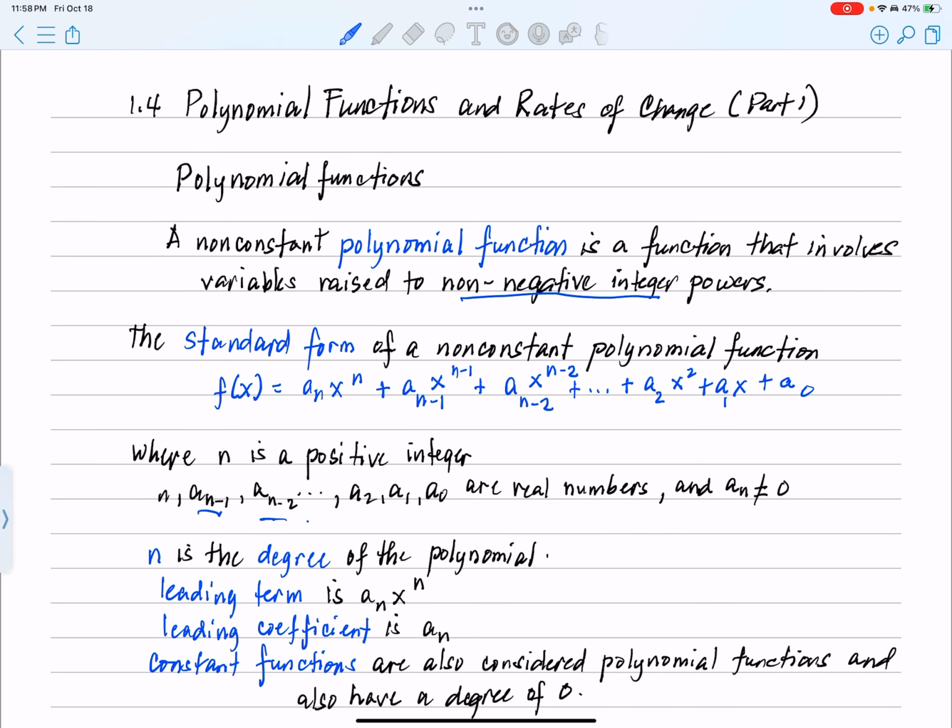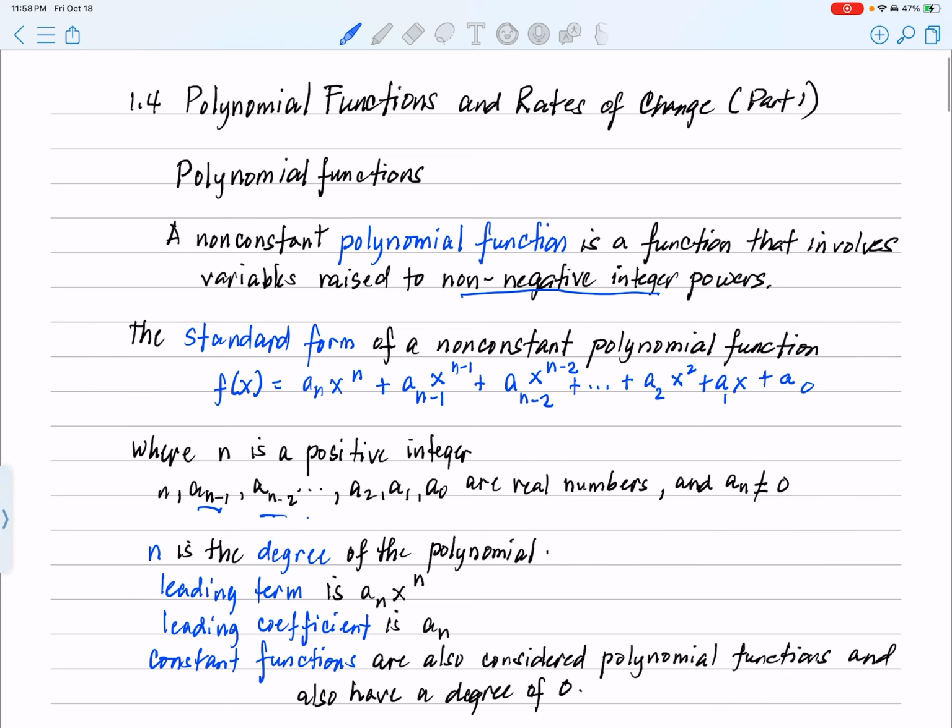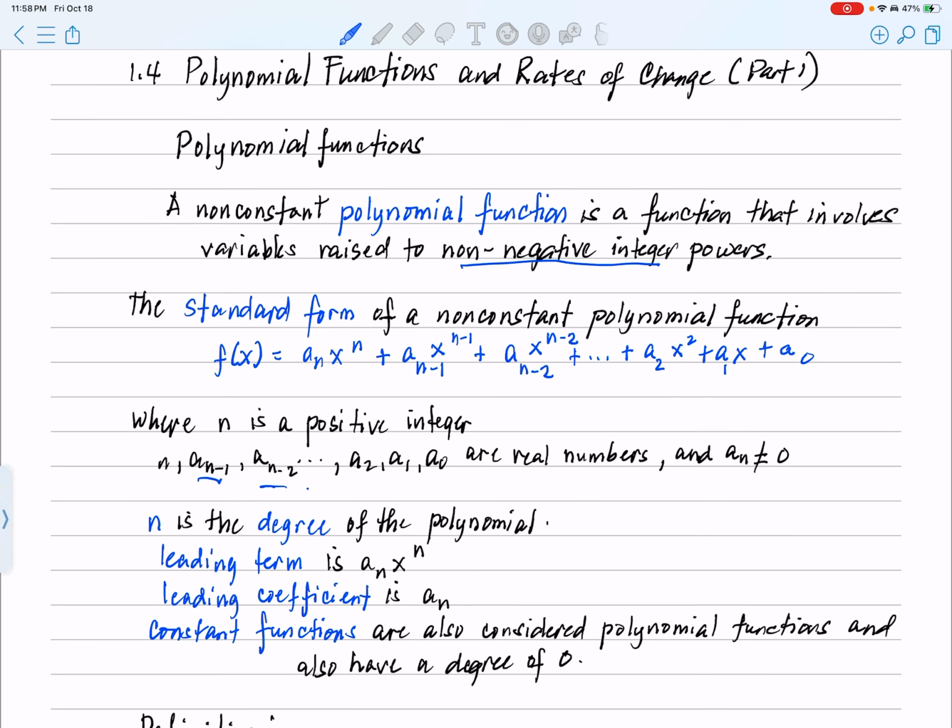The standard form of a non-constant polynomial function is f of x equals a sub n x to the power of n, plus a sub n minus 1 x to the power of n minus 1, plus a sub n minus 2 x to the power of n minus 2, up to a sub 2 x to the second power, plus a sub 1 x to the first, plus a sub 0.